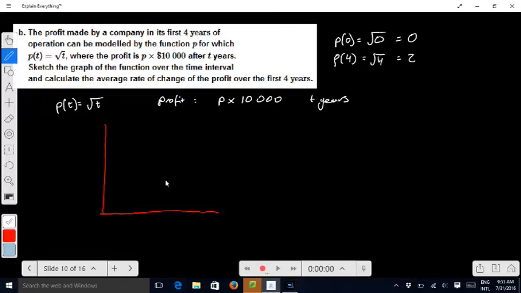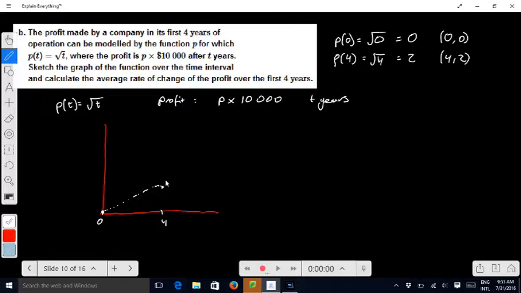And so we have our 2 points, one at 0, 0, the other one at 4, 2. So there's our spots. So we go 4 and up 2. It's about there.